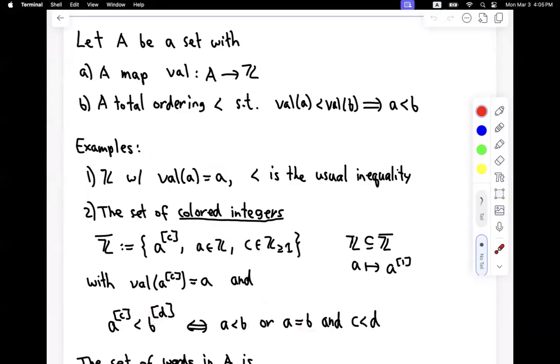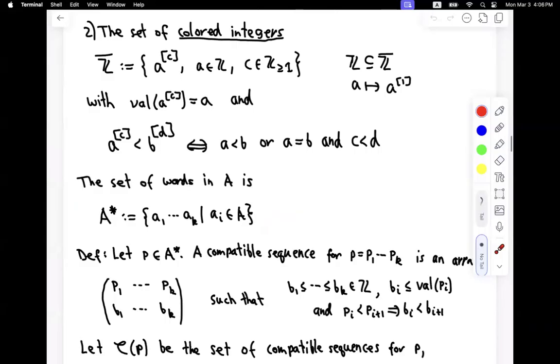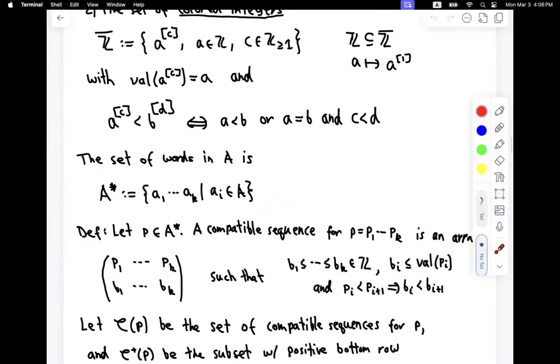So you sort first by a and b, then you sort by c and d. The integers live inside the colored integers in the simple way of just sending any integer a to a of color 1. So that's our definition.